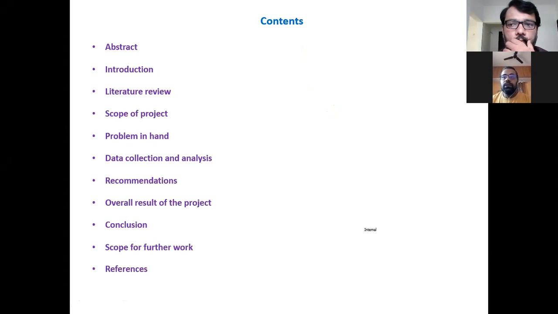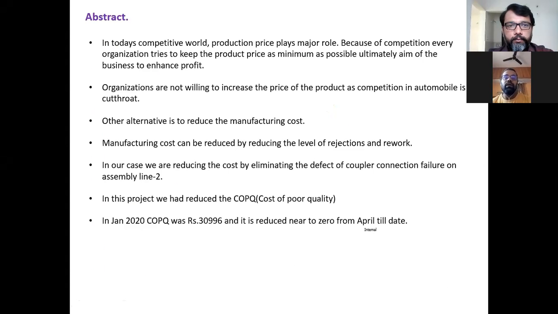Now let's come to the abstract part. In the very competitive automotive world, there are a lot of companies and a lot of competition. Everybody is in the race, and everybody wants to reduce their manufacturing cost.